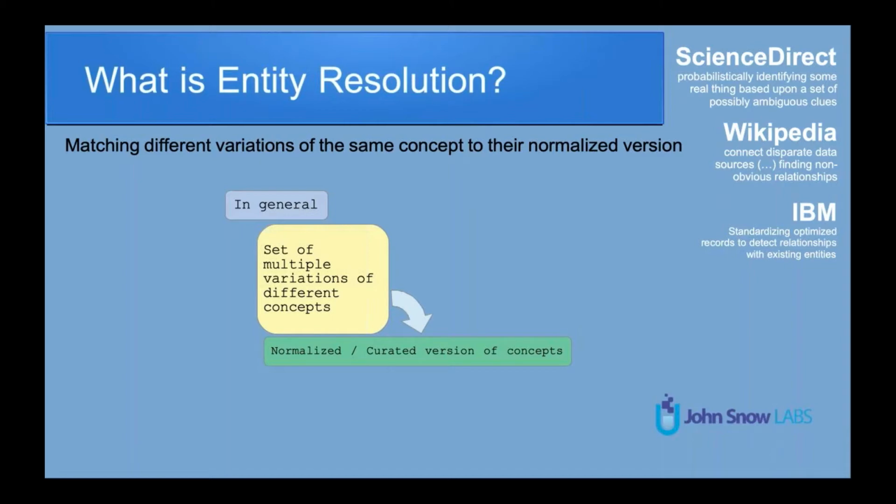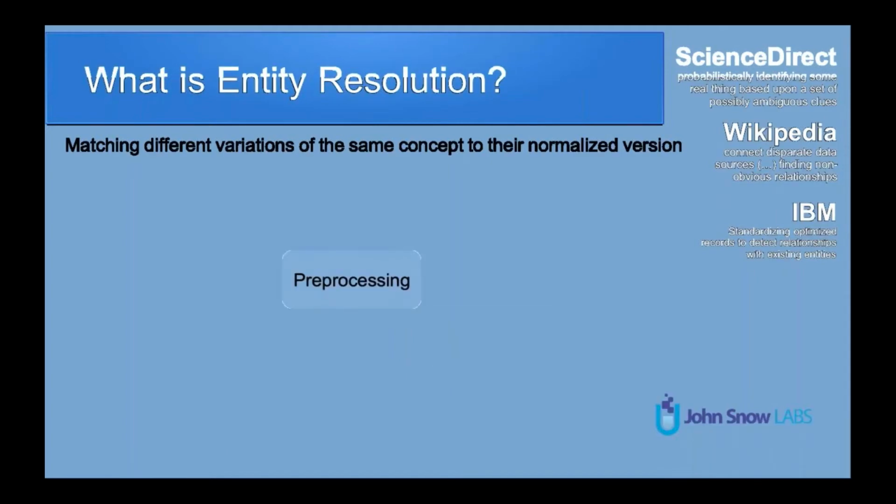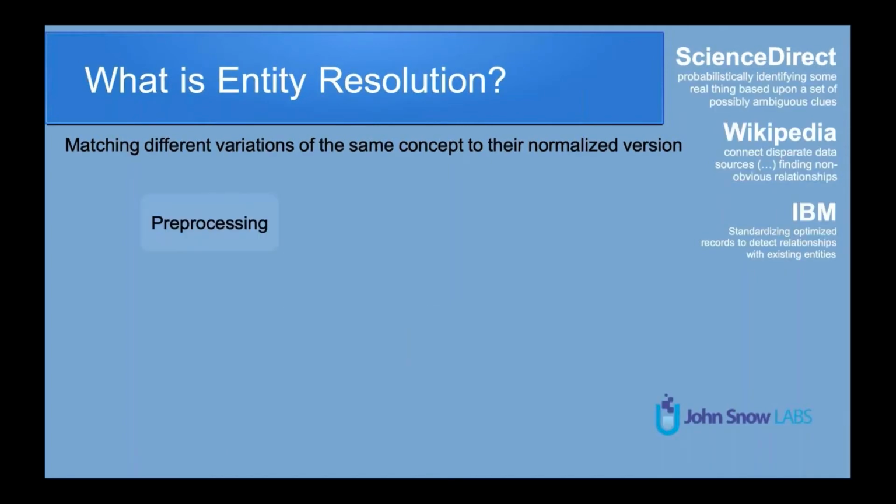Okay, how do we generally address this problem? Well, it can be subdivided into five very consistent stages. The first is the pre-processing of the text. We'll be talking about text most of the talk, right?